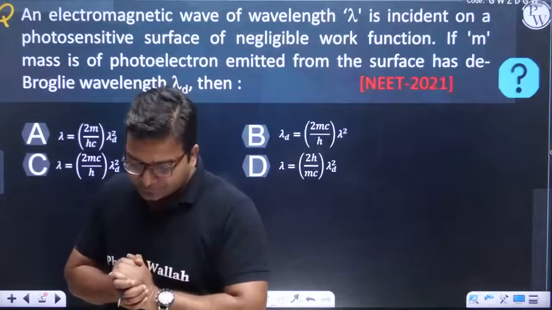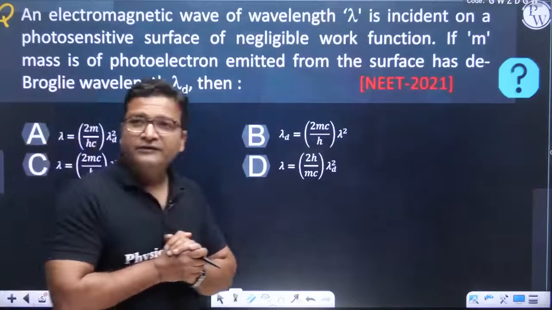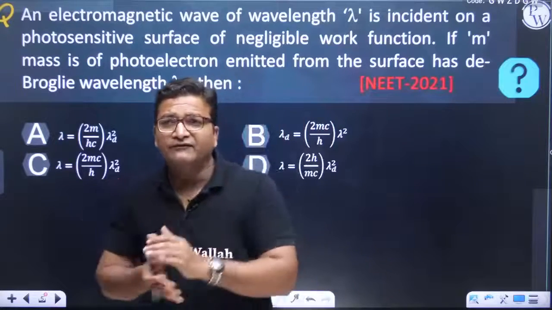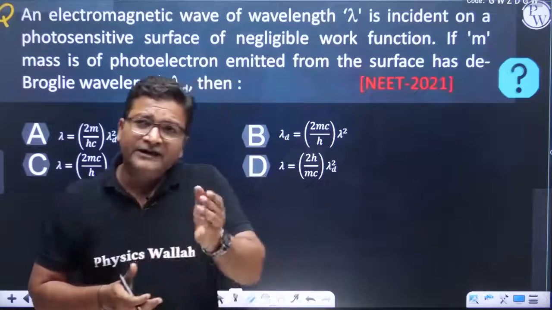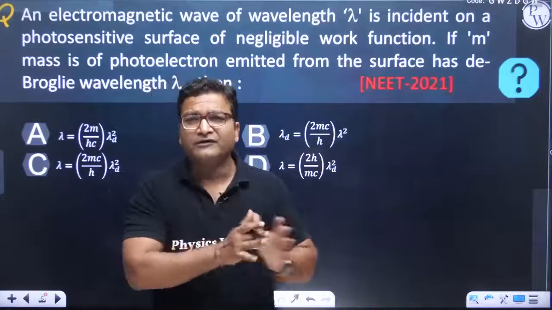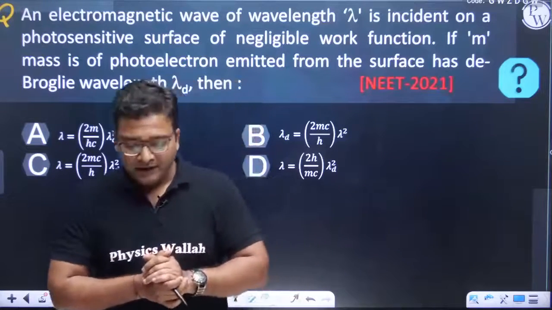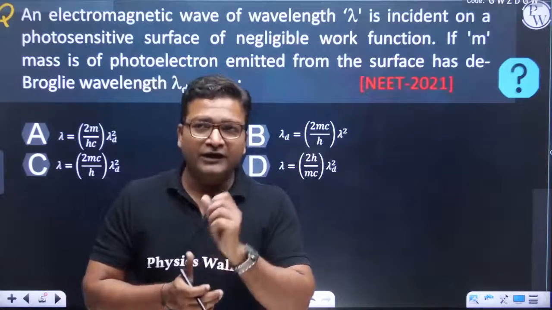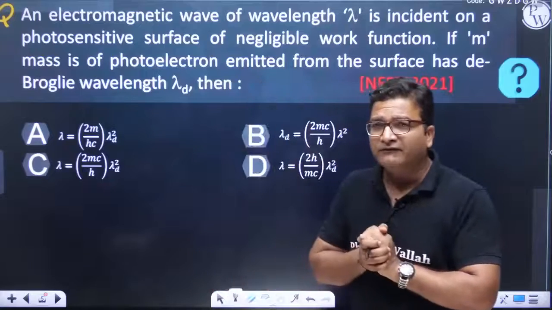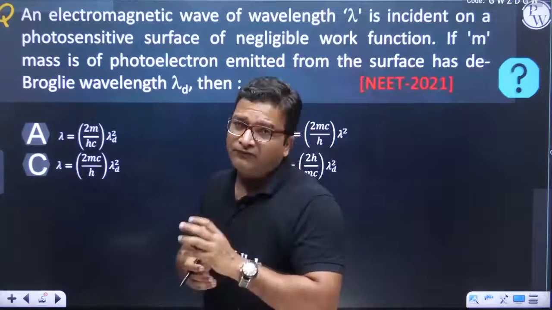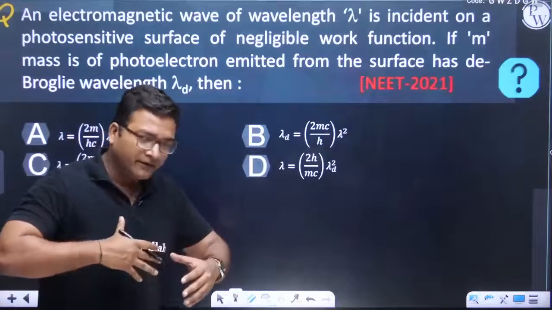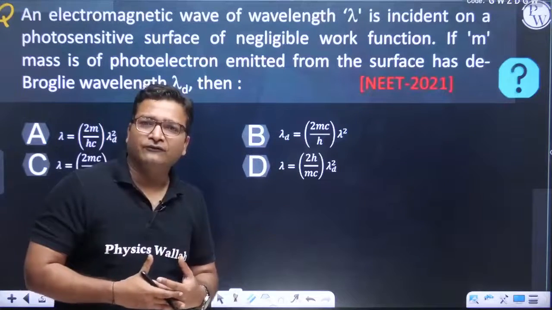Next question. Here we have an electromagnetic wave of wavelength lambda. So we have photons of wavelength lambda incident on a photosensitive surface with negligible work function. You can ignore the work function in the calculations. The mass of the photoelectron is m, and they are asking what is the de Broglie wavelength of the photoelectron. Let us apply again Einstein's equation of the photoelectric effect.